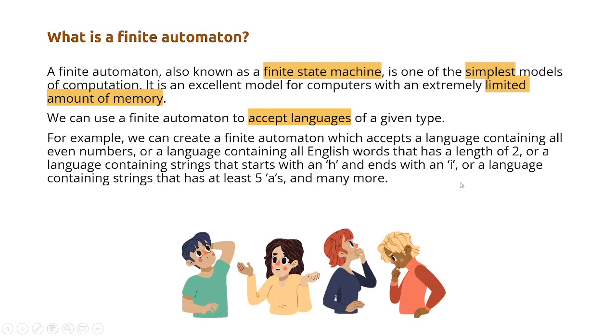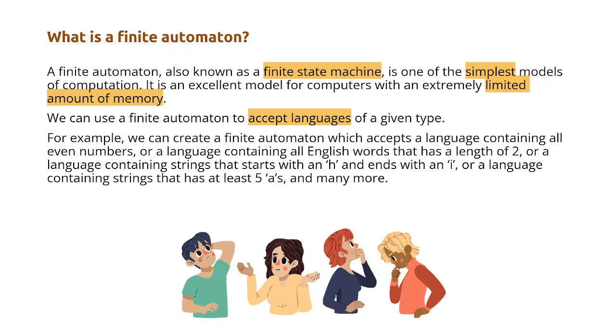Next, what is a finite automaton? So a finite automaton, also known as a finite state machine, is one of the simplest models of computation. It is an excellent model for computers with extremely limited amount of memory. We can use a finite automaton to accept languages of a given type.